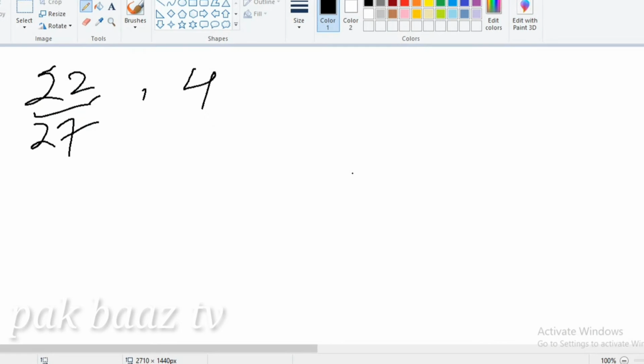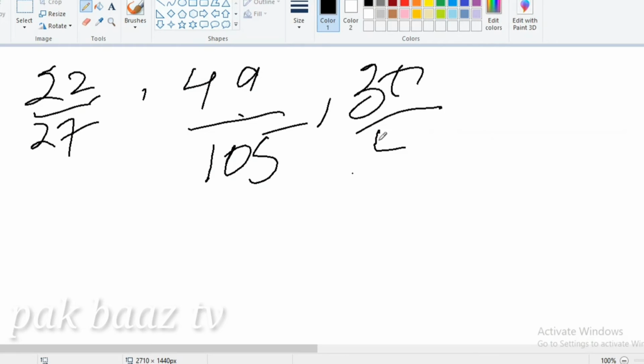Next we have 49 by 105, and 30 by 45. Okay, we have two fractions that are equal to the same fraction.